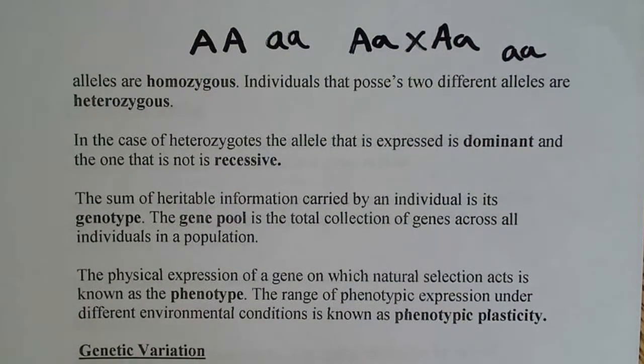And sometimes that could be a bad thing, sometimes it could be a good thing, sometimes it doesn't make a difference. Okay? So the sum of heritable information carried by an individual is its genotype. A genotype is all the genetic information carried by an individual. That's all the DNA, basically. And the gene pool, people talk about a gene pool all the time, is the total collection of genes across all individuals in a population.